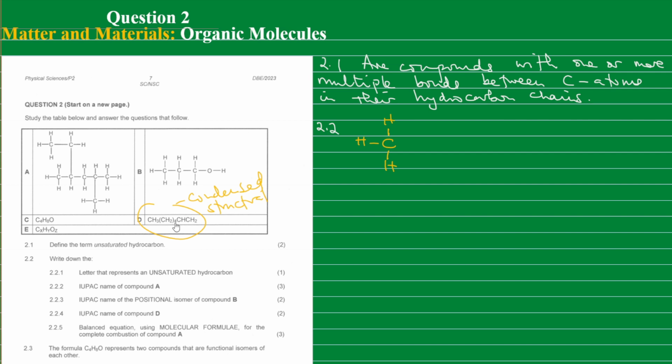How many CH2? We have 4 of them. So 1, 2, 3, 4. Each C has got its hydrogens. That is CH2. I'm just drawing this to illustrate why it is unsaturated.